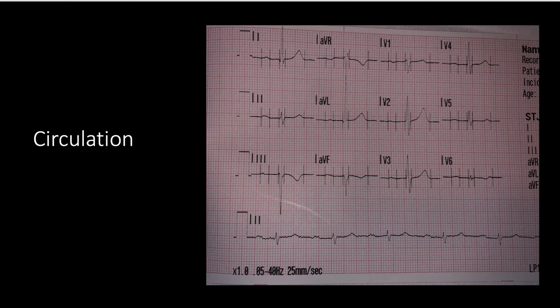Within that same 30-second glance, we also need to point at the circulation. This would be skin signs, a radial or peripheral pulse versus a more central pulse, such as the carotid or femoral.